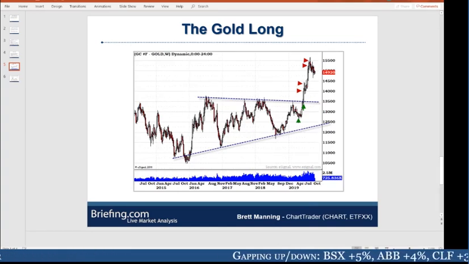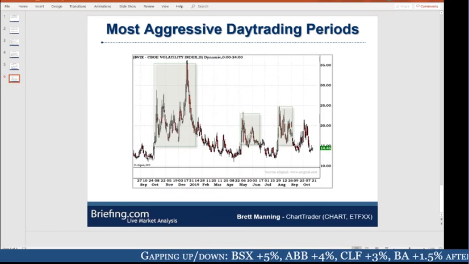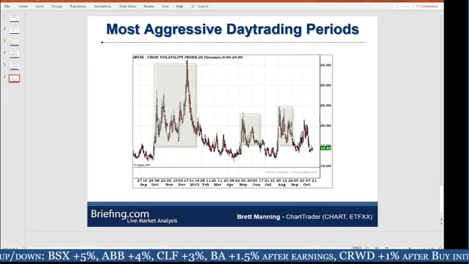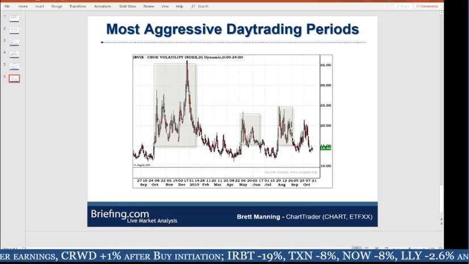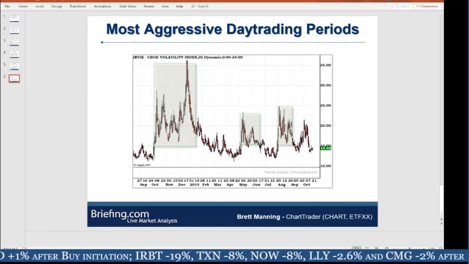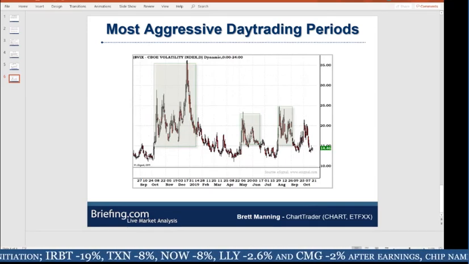Okay, and before we get into your chart book, you did provide this graph that shows a correlation between your trading and where the VIX is, and how that kind of translates into how aggressive you are in your day trading patterns. Yeah, right.